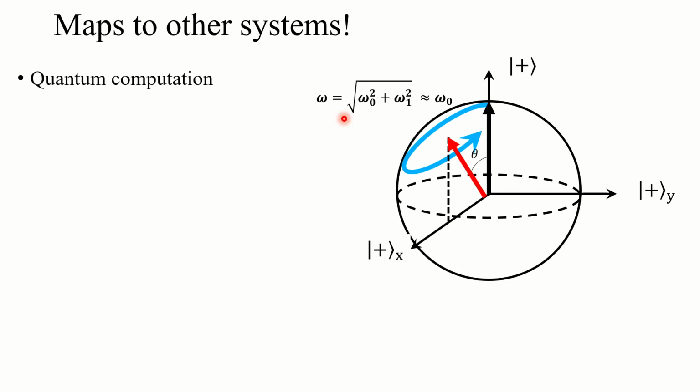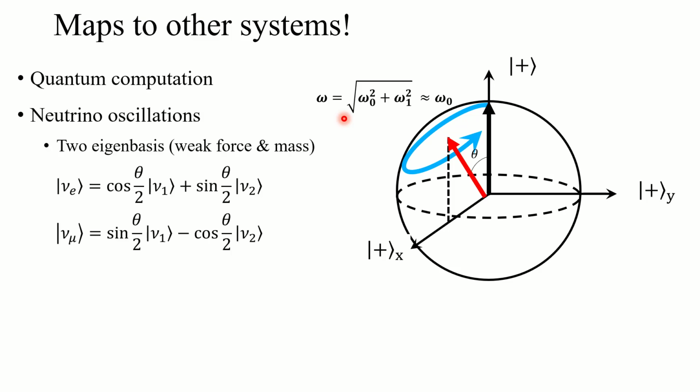those new energy eigenstates. The book walks through in nice detail the example of neutrino oscillations, where you can have an electron and a muon neutrino, and essentially they discuss how there are two different Hamiltonians for the system. One, when they're in the nucleus, and there's that weak force interaction between them, so that defines one Hamiltonian.